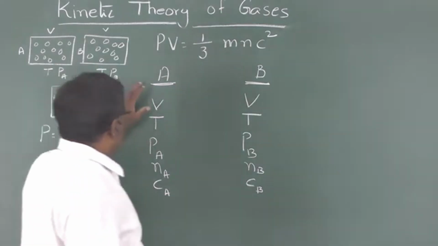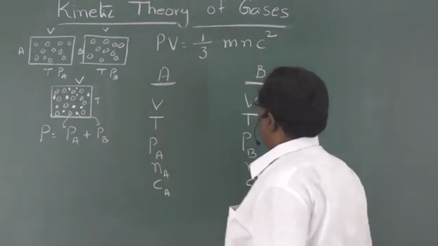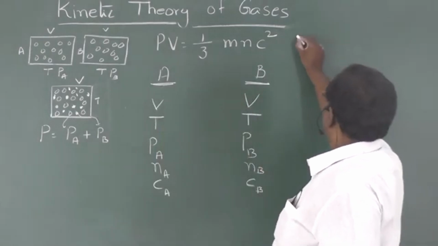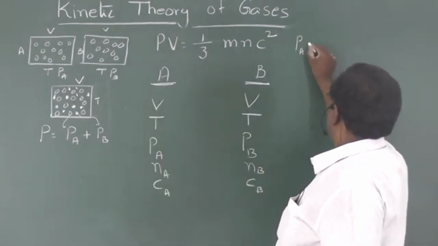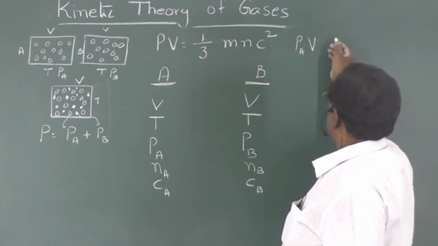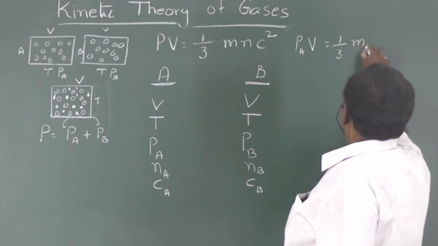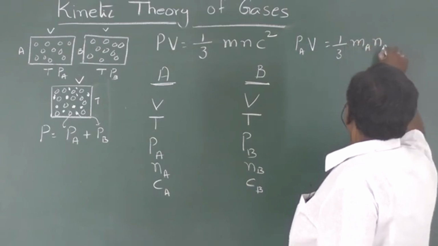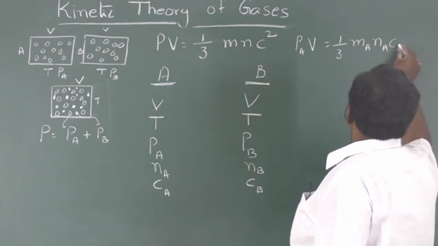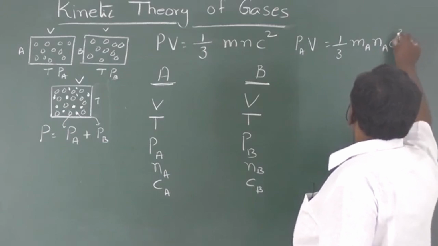Now, if you apply this formula for gas A, PAV is equal to 1/3 MA NA CA square.